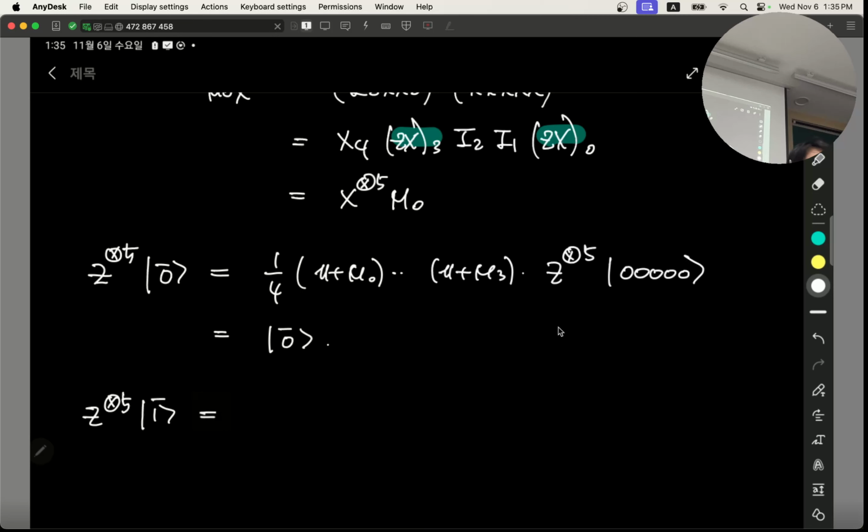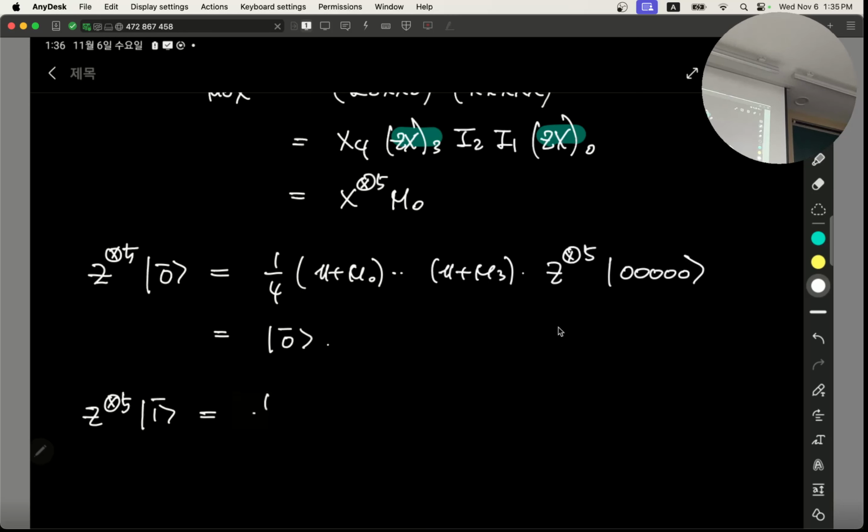What will it be? The same thing, that can go all the way down to just before you apply it to 1.